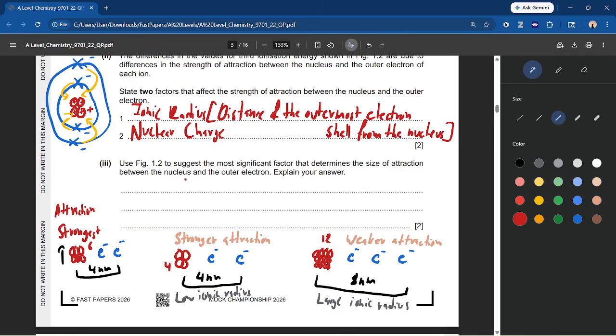We're going to write that aluminum has an electron removed from a shell farther away from the nucleus.